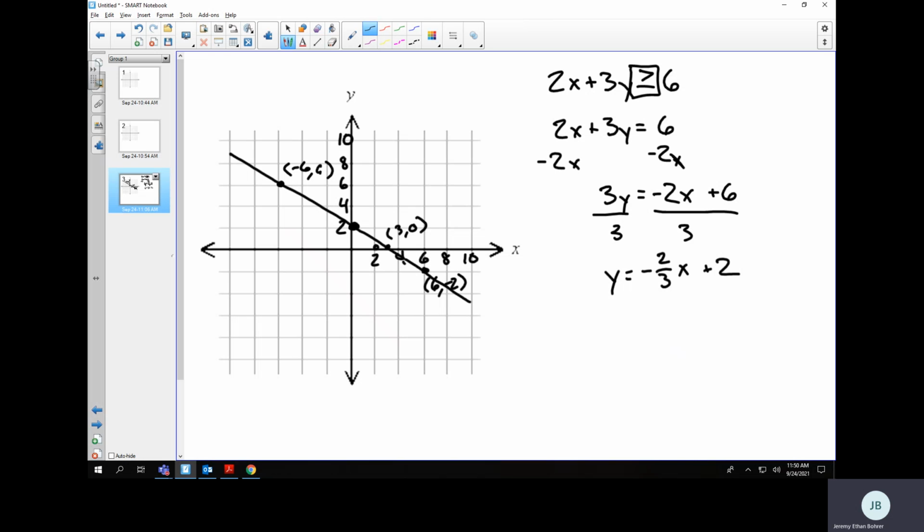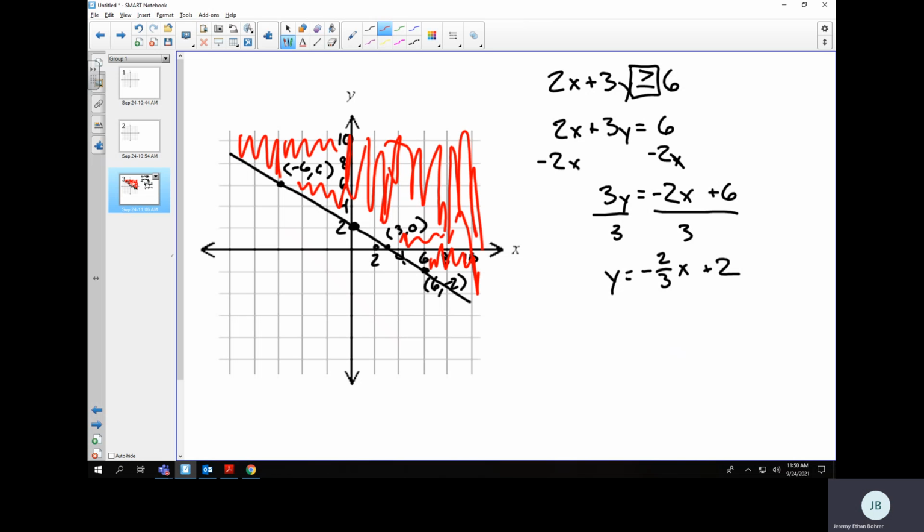And then everything above that line, because we've got that greater than or equal, is going to be a solution. So everything in red plus the line itself, going around the points that I marked. There is our solution set.